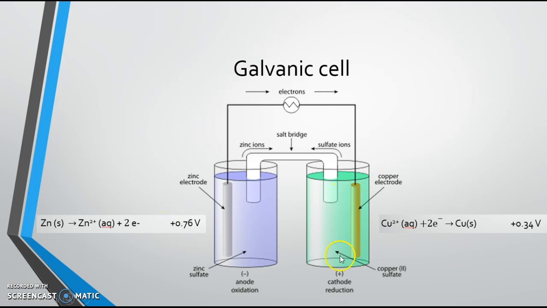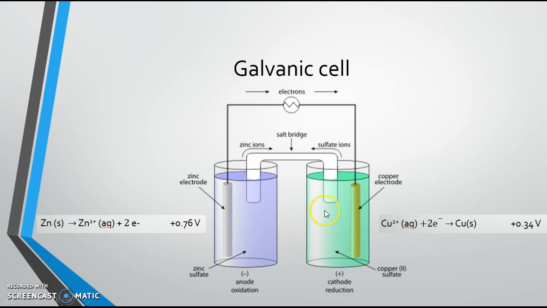So this is a galvanic cell: when you take a spontaneous redox reaction and you separate the 2 sides so that the electrons get transferred, but they have to go through a wire to get to the other side. So on this side, I would have a piece of zinc metal, and instead of being in touch with the copper 2 sulfate, I put it in a solution of zinc ions.